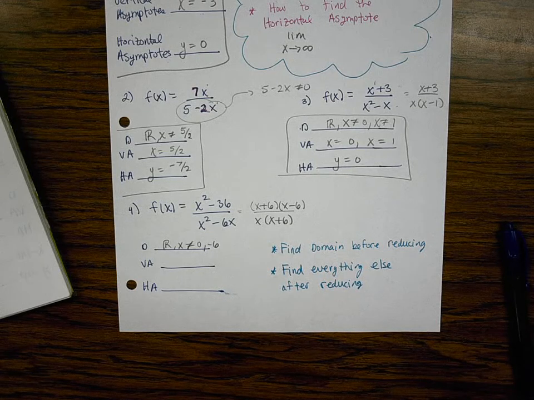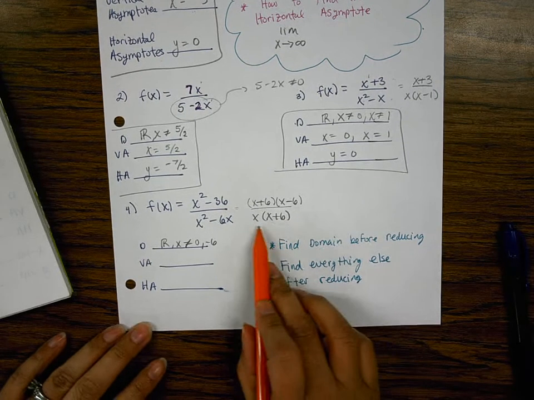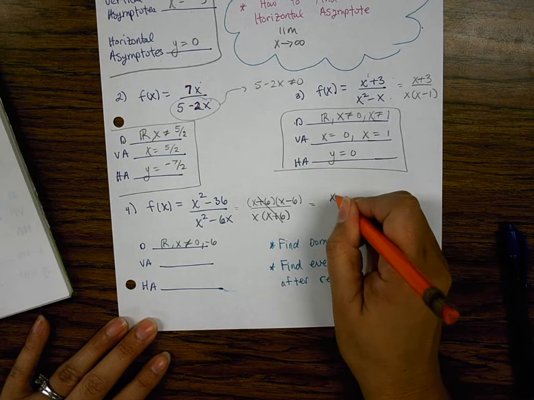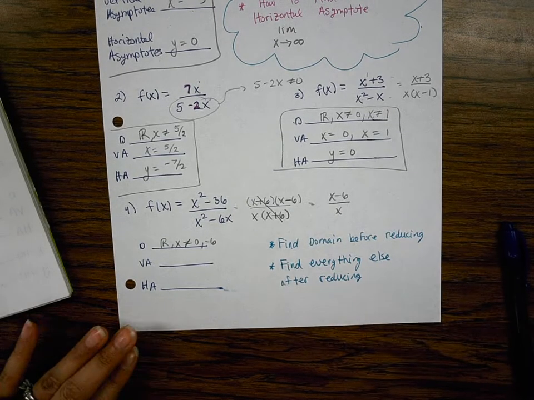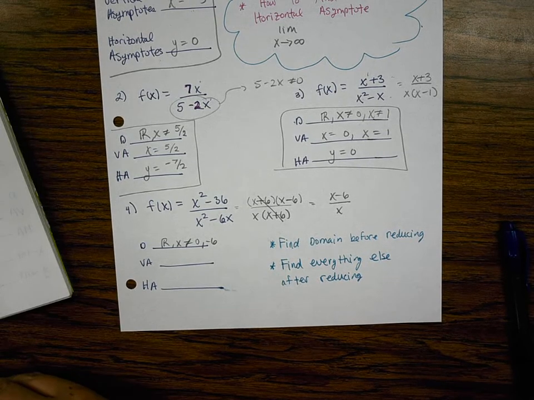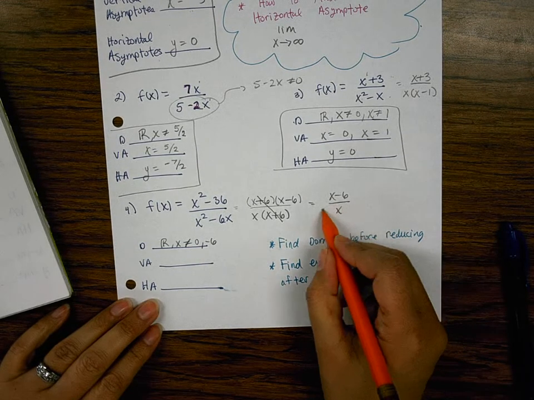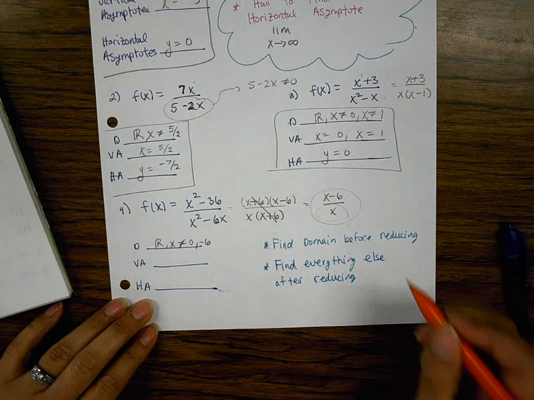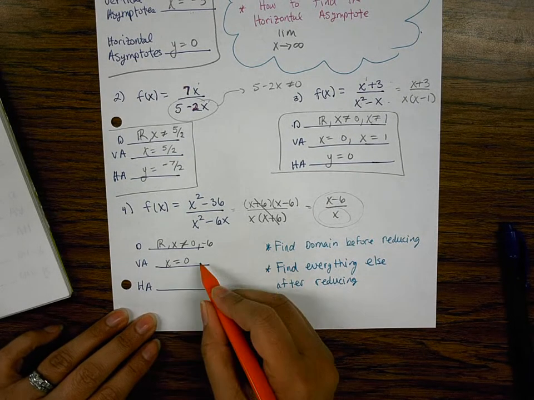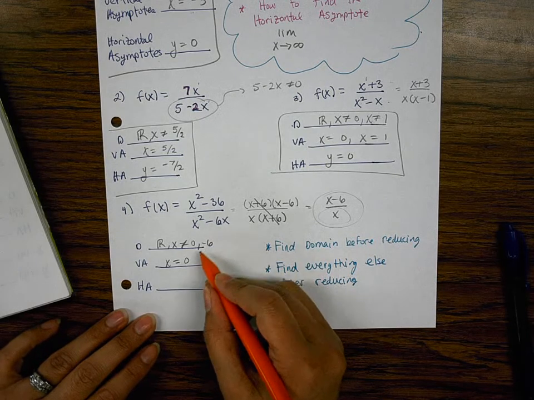I'm hoping that makes sense to you because there's 2 restrictions here that x cannot equal. Then you reduce, and I have x minus 6 over x. Now I'm going to do everything else. Vertical, what makes the bottom 0? There's only one thing in the denominator now because this is the function I'm using. So x equals 0.